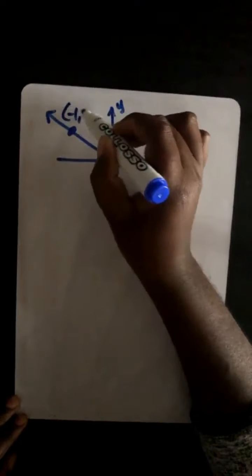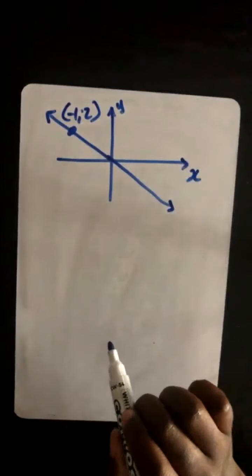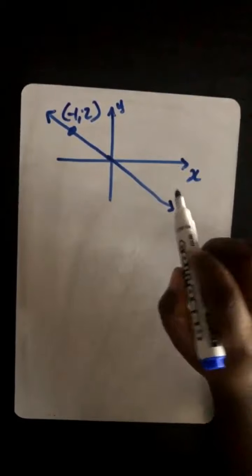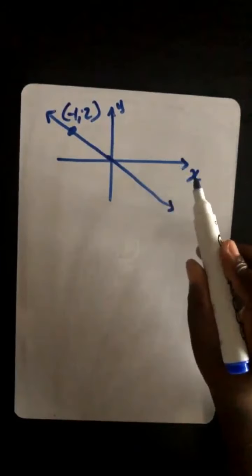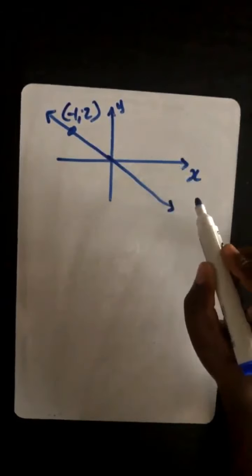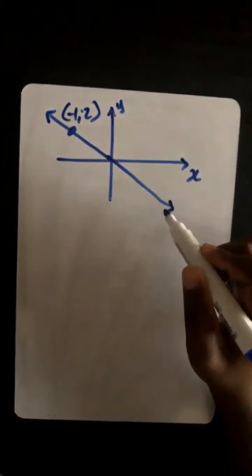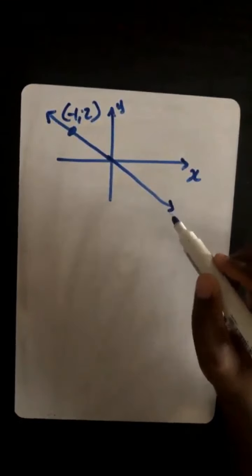So this was -1 and this was 2. Same question for this one, guys. We need to determine an equation of the straight line. So I've got a question for anyone who wants to give it a try. Here's the question, guys. Do we have 2 points? And again, what are those points?